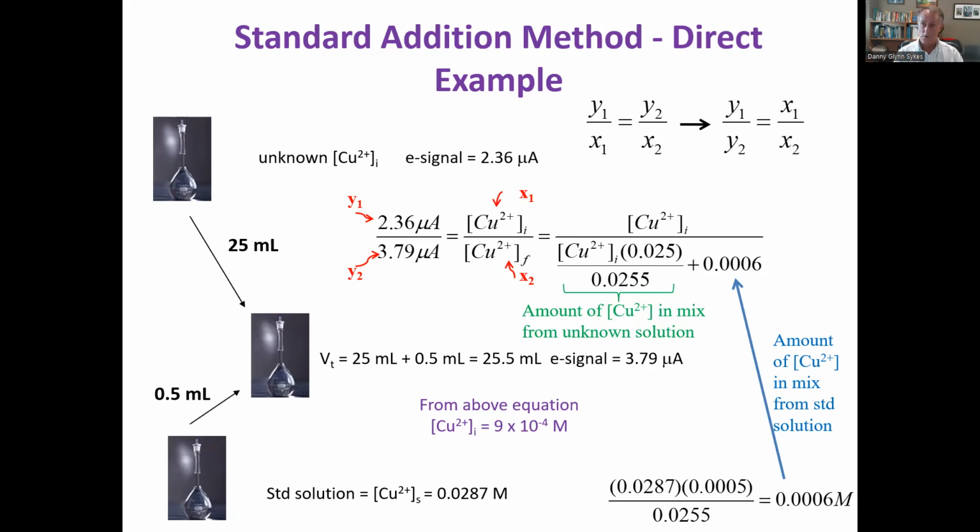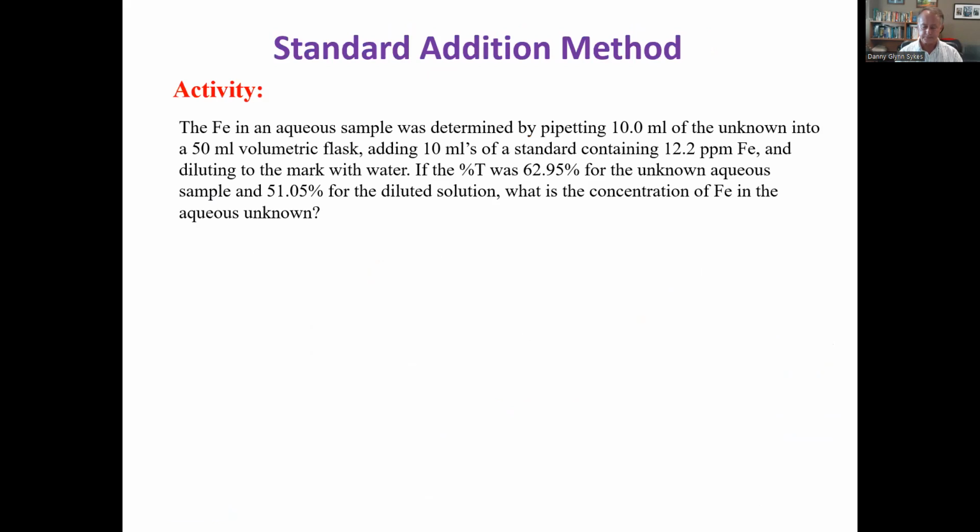And so all of it is essentially designed around solving y1 over y2 plus x1 over x2 and minimizing the matrix mismatch between the two samples that we're putting into the instrument. Beautiful. So let's take a look at this particular problem right here.